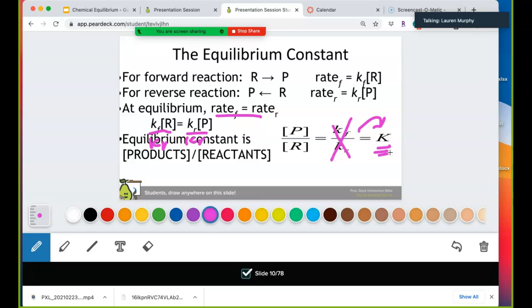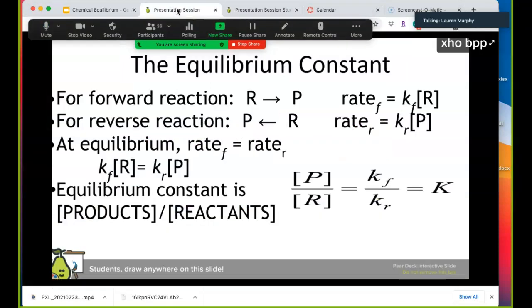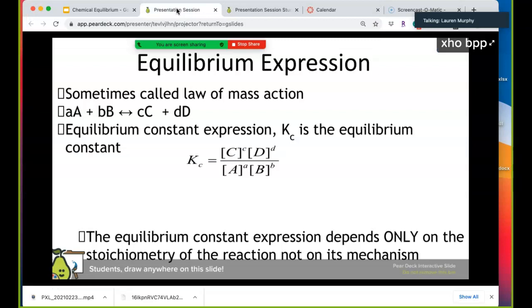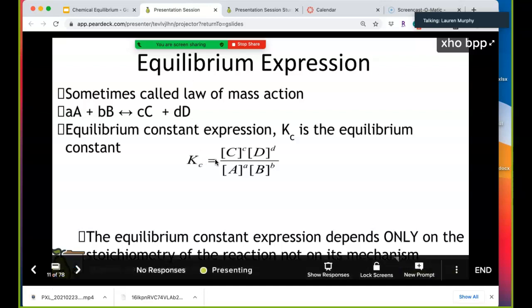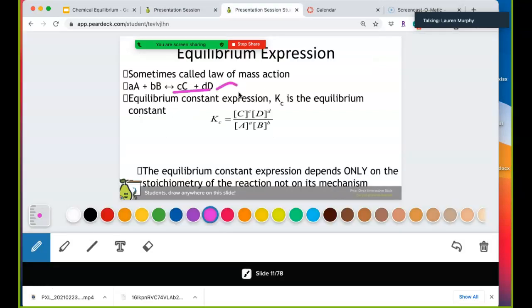This came from kinetics. This is sometimes referred to as the law of mass action, where you have generic reactants A and B making general products C and D. Equilibrium, big capital K, equals products on the top, divided by reactants on the bottom, raised to their respective coefficients.